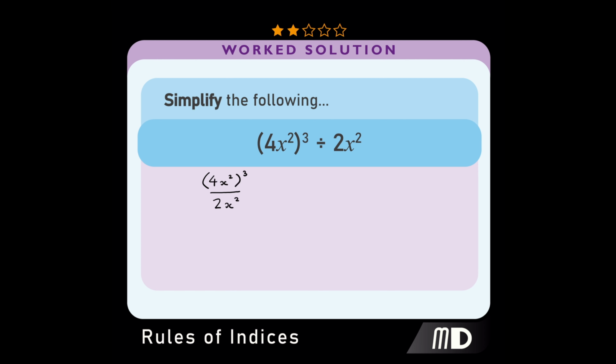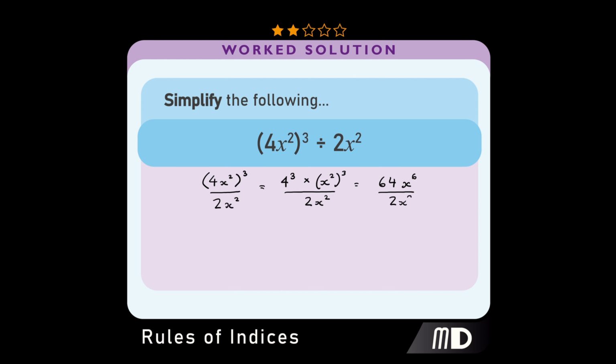We can rewrite the numerator as 4 cubed multiplied by x squared raised to the power of 3. 4 cubed is 64. And using the power rule, x squared raised to the power of 3 is equal to x to the power of 6.